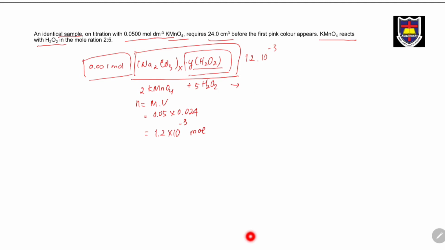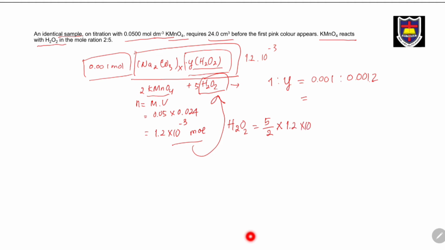Firstly, we calculate by the ratio of coefficient 5/2 times 1.2 times 10 to the power of minus 3.